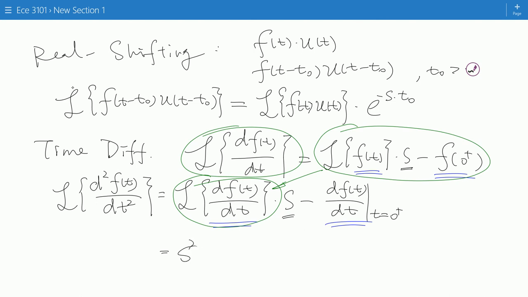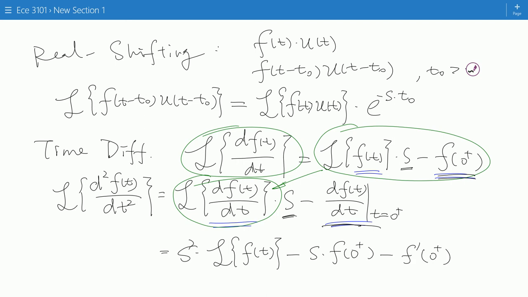So s squared times the Laplace transform of f of t. And you have one additional term at the end. This guy will be multiplied by s, so it'll be minus s times f of 0 plus, minus the last guy here, and write it as f prime at 0 plus. Prime means we take the derivative of the function with respect to t once.